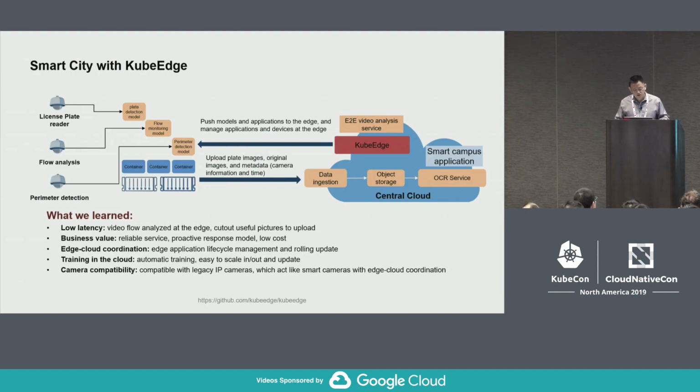Now, two real application scenarios I want to talk about. One is an IoT scenario. In this case, a smart city, this is actually more of a traffic control type of scenario where a couple of edge nodes will form a small cluster. Sometimes a single node connects to multiple cameras, a specialty camera to read the license plate, or just the outline of a car.